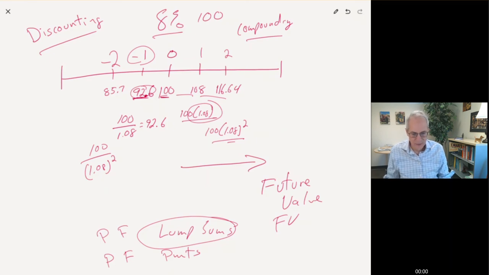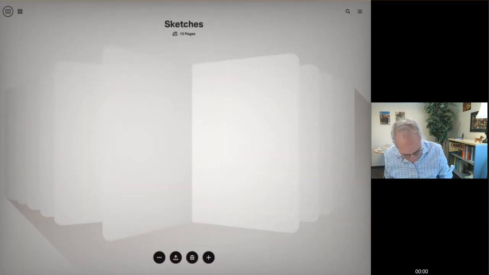So you need to figure out, are you going future, are you going present? A lot of times it's just a matter of taking the verbiage, putting the numbers into the calculator, and then you only have one variable left, and that's what you're going to solve for. So that's future value, and that's present value.